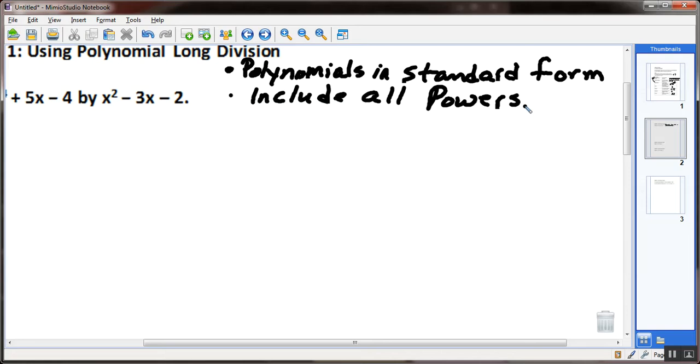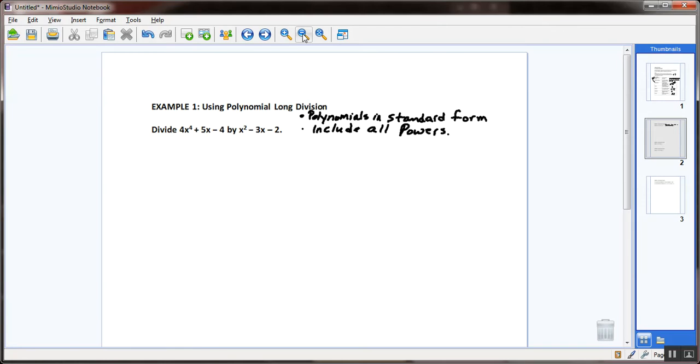So here's what this is going to look like, kids. And this is how I think you should write this to start. Give yourself some room on this. We're going to divide 4x to the fourth plus 5x minus 4 divided by what, kids? X squared minus 3x minus 2.